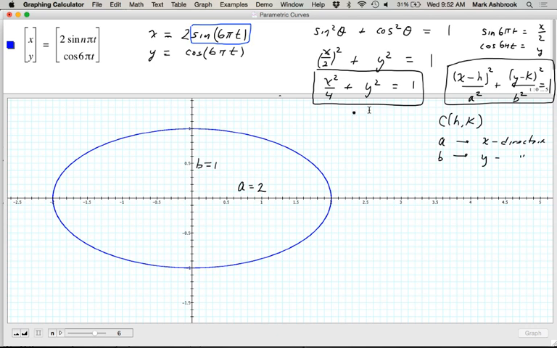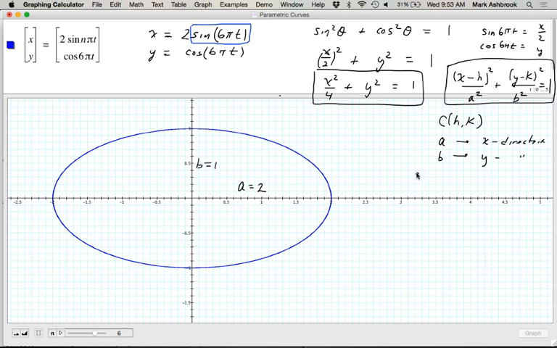Okay, and so what happens when a and b are the same? When a and b are the same, it's a circle, and then that's just the radius. If we multiply through, say these are both a squared, we get the equation of a circle: x minus h squared plus y minus k squared equals r squared.